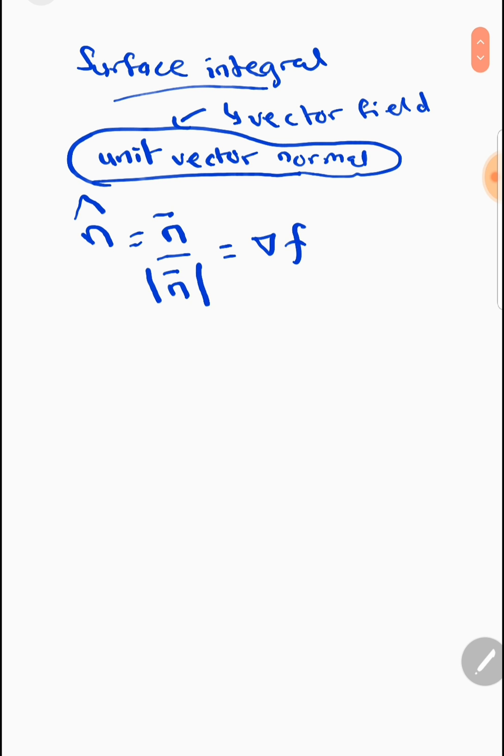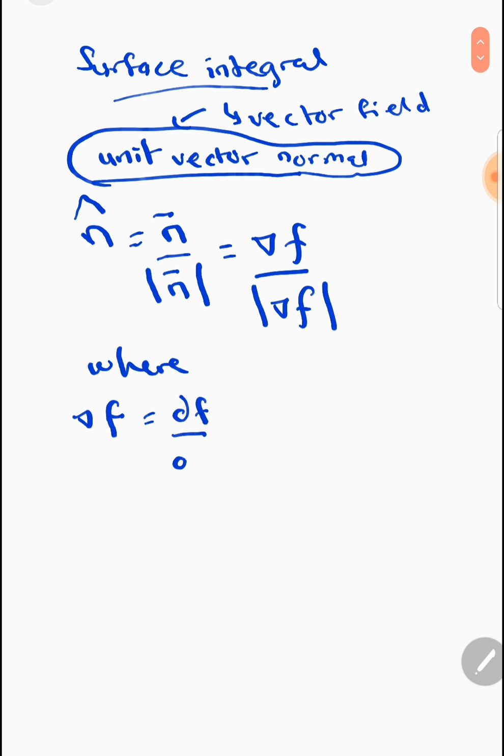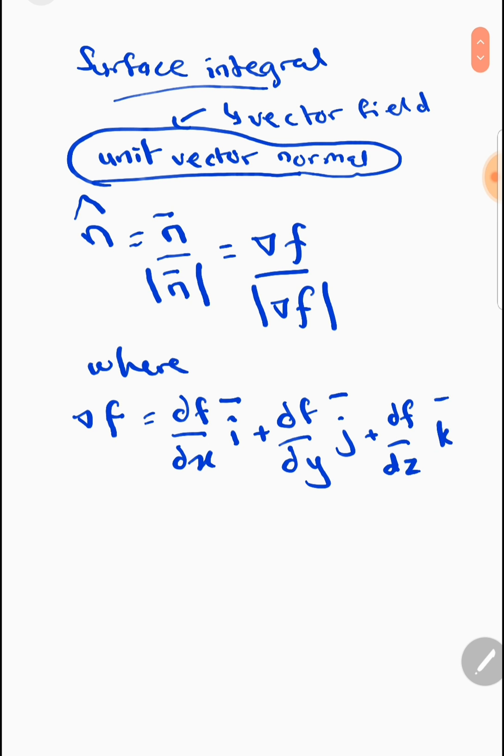That is what they call the gradient as well. Gradient of f over the modulus of gradient of f, where your gradient of f basically means the partial derivative df over dx of i plus df over dy of j plus df over dz of k.